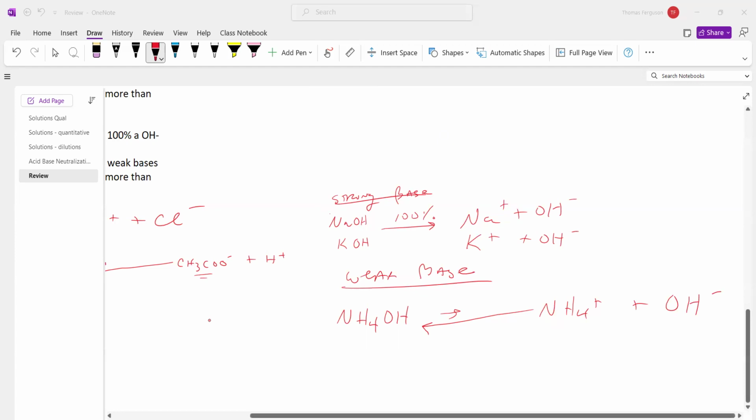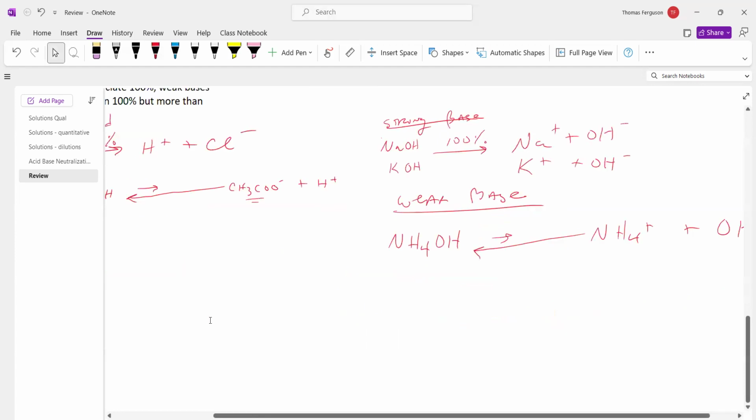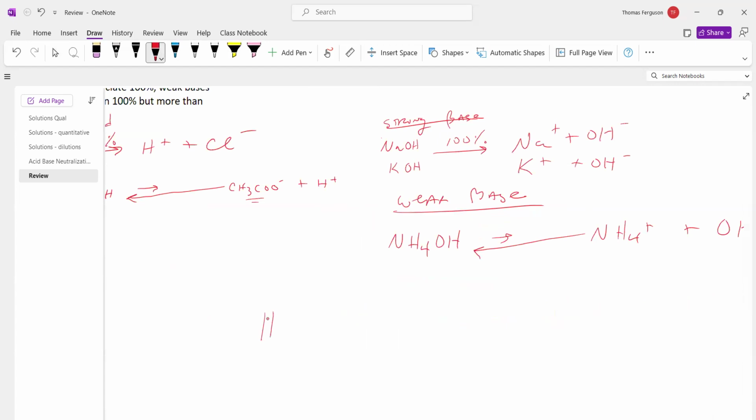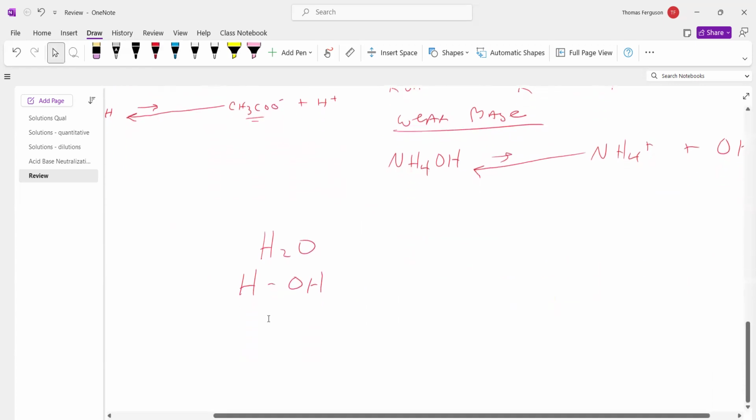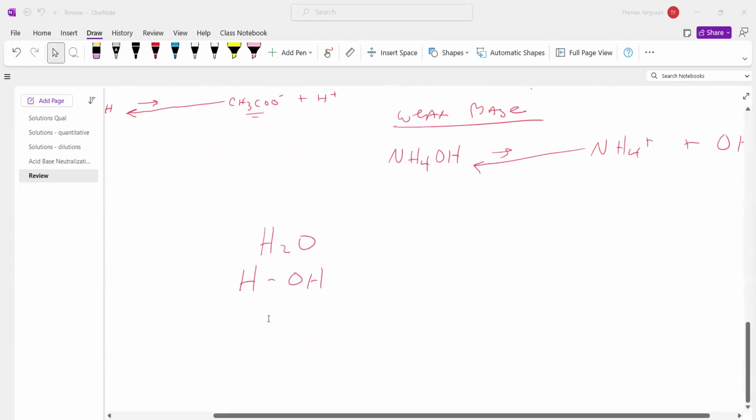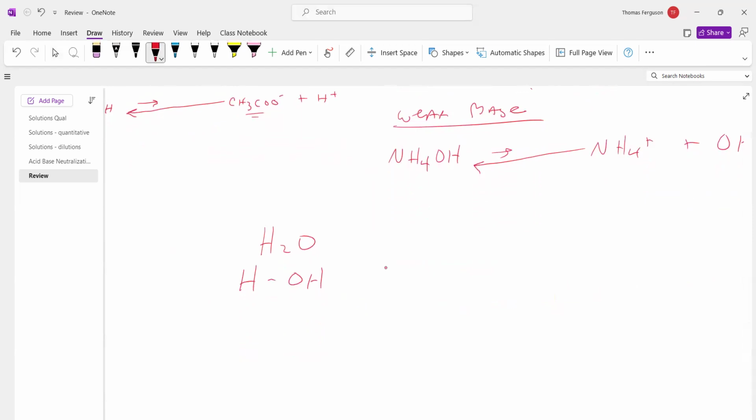Now, interestingly, water is both an acid and a base, because one of its hydrogens will come off and also an OH will come off.